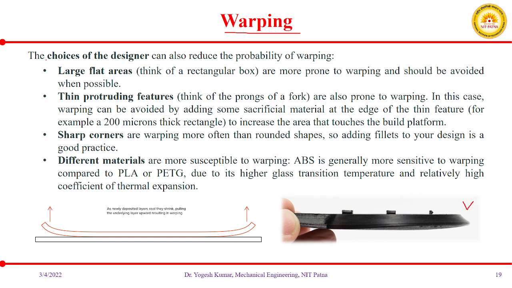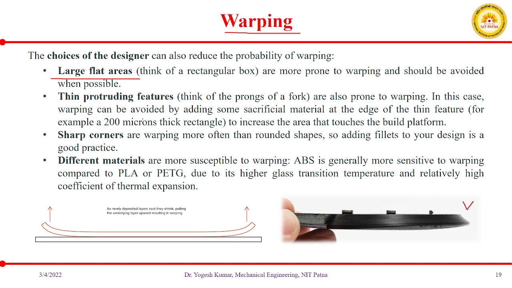The choice of design can also reduce the probability of warping. Large flat areas, think of a rectangular box, are more prone to warping and should be avoided when possible. Thin protruding features, think of prongs of a fork, are also prone to warping.